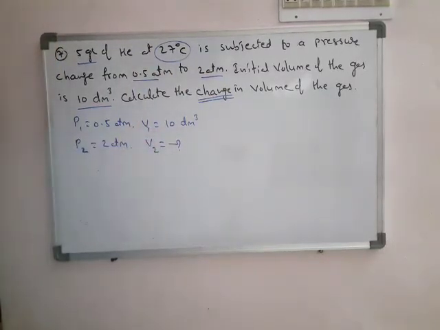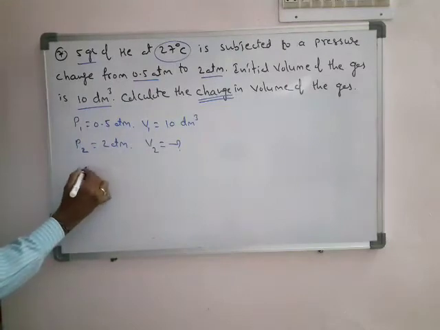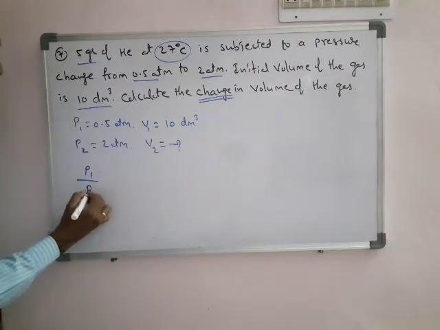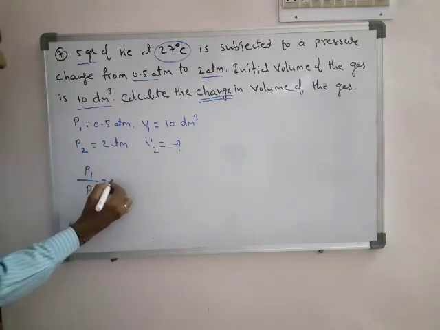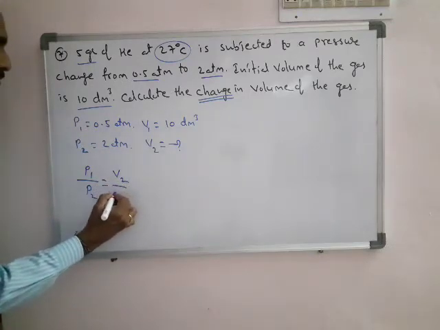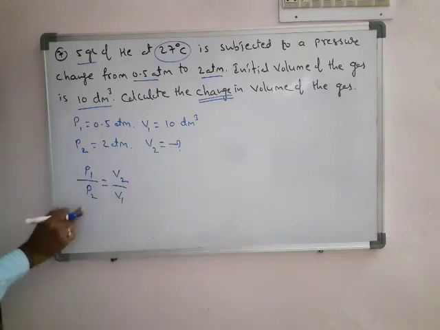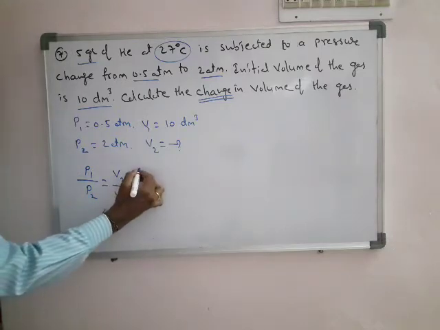So what is the relation? It's according to Boyle's law. The relation between pressure and volume indicates Boyle's law. They are inversely proportional, that's why we can write P1 by P2 is equal to V2 by V1.